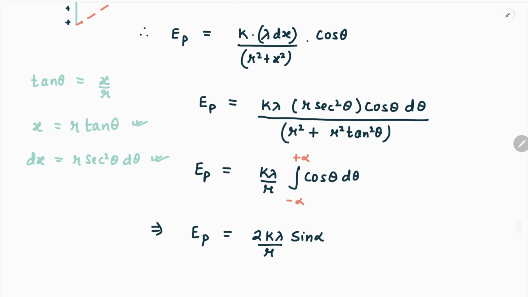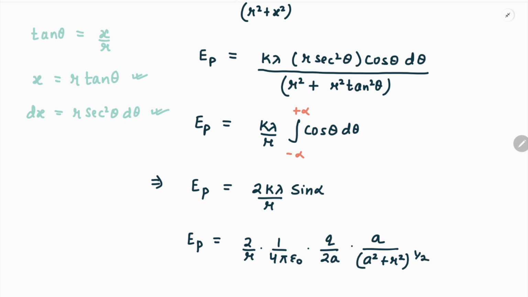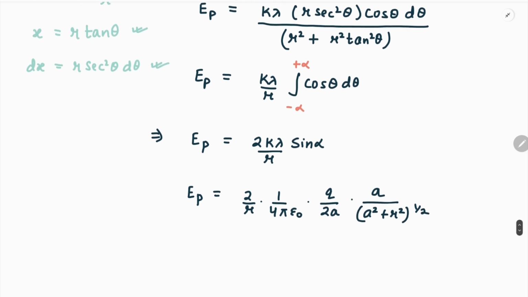Now what we do is we substitute the value of kλ and sin alpha, and on substituting we get 2 by r. K can be written as 1 upon 4 pi epsilon naught. Lambda is charge q distributed over length 2a, and sin alpha is perpendicular a upon (a square plus r square) power half, or root over a square plus r square.